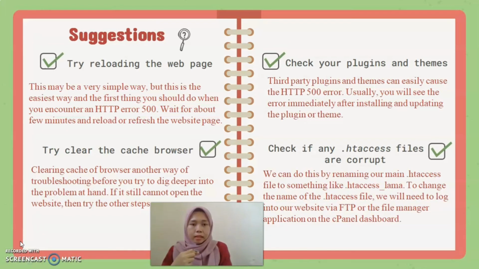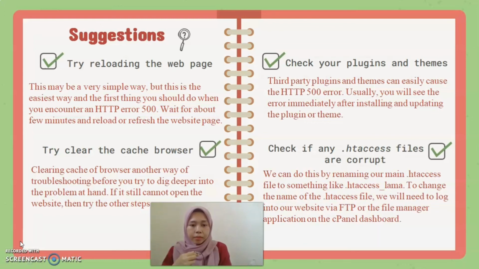Third, check your plugins and themes. Third-party plugins and themes can easily cause the HTTP 500 error. Usually, you will see the error immediately after installing or updating the plugin or themes. And last but not least, check if any htaccess file is corrupt.